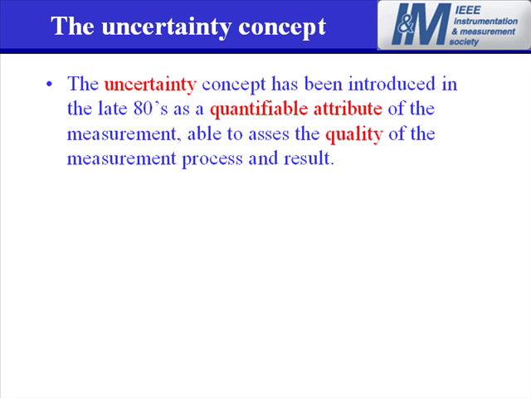More recently, in the late 80s, a new concept was introduced, that of measurement uncertainty. Uncertainty was introduced as a quantifiable attribute of the measurement, able to assess the quality of the measurement process and result.